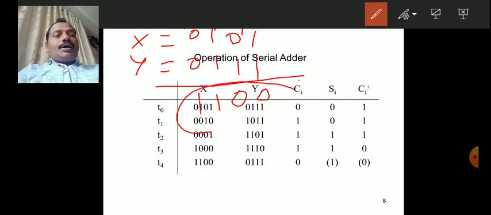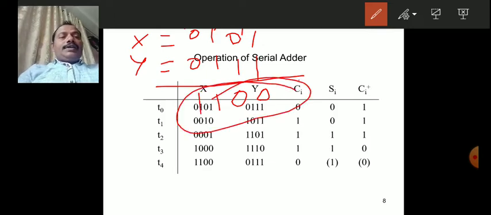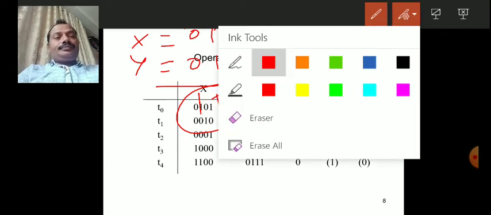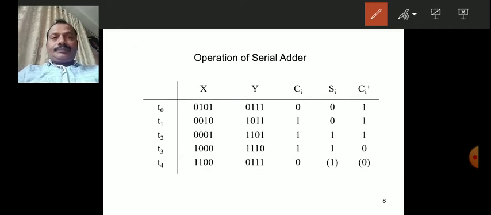So this is the actual addition, and this addition we should get by the serial adder finally. So let us verify whether we get it or not. At time t0, the X value is this, the Y value is this, and the initial carry input is 0. This is the initial carry.